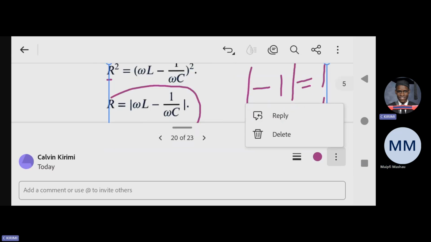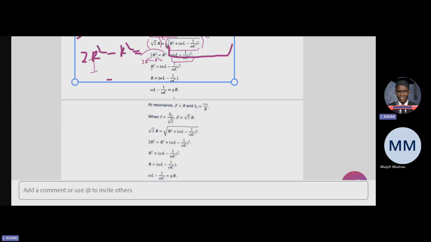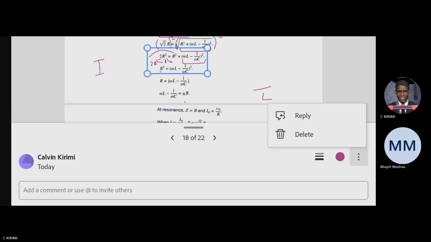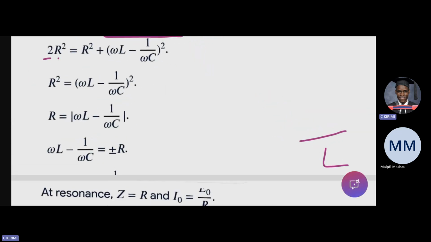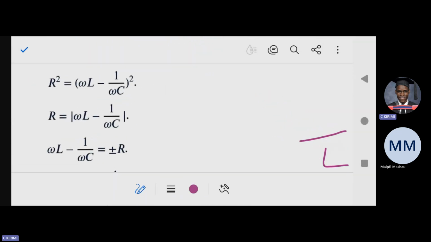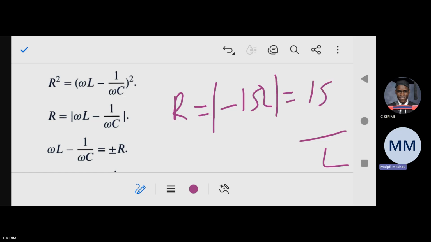If you get an answer for R that is negative, use the absolute of that answer. For example, if you got R equal to negative 1 ohm, you put an absolute, and the answer will be 1 ohm. That's what this means.